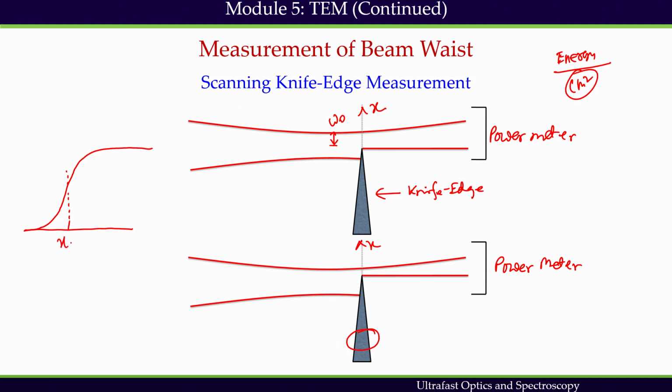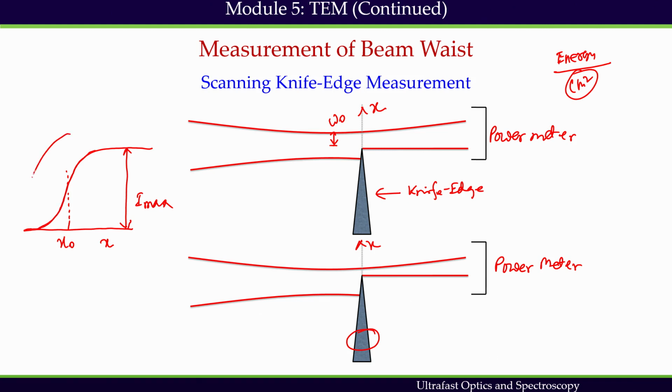This point is x naught, this is x, and we start with 0 because we have blocked it, or vice versa. If we don't block it, we start with maximum, this is I max, then slowly it drops down and goes to 0.